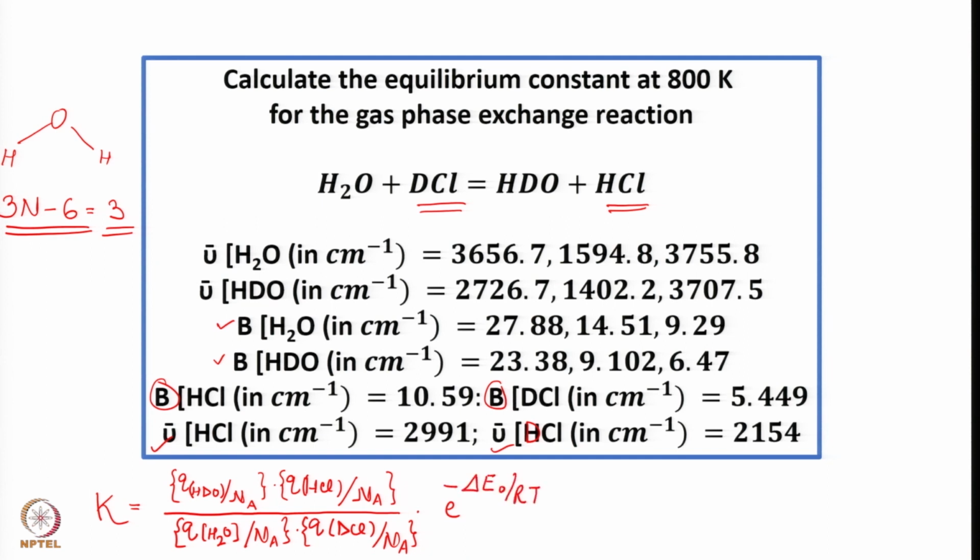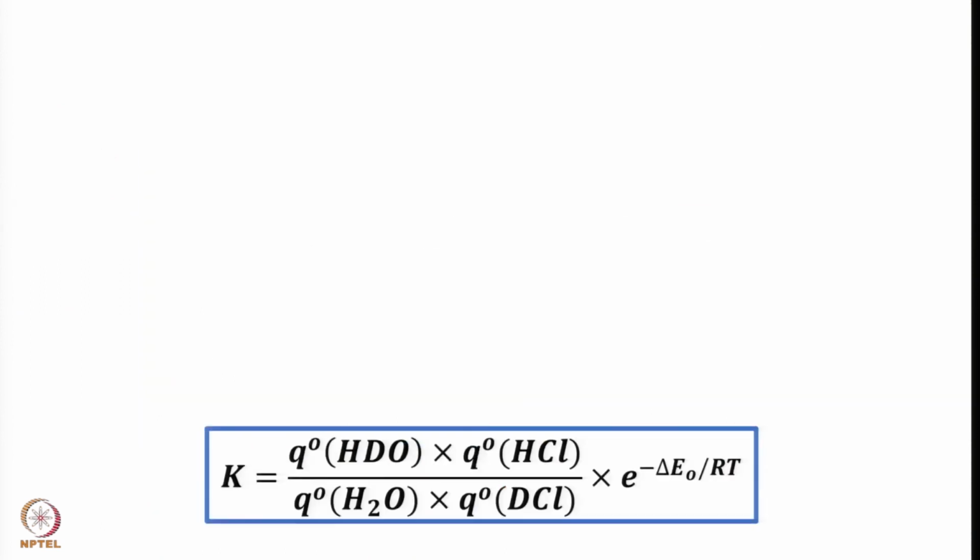When you write like this, all these Avogadro constants will cancel out. The resulting expression is QHDO, QHCl, QH2O and QDCl. I have retained here the standard state conditions into exponential minus delta E naught by RT.